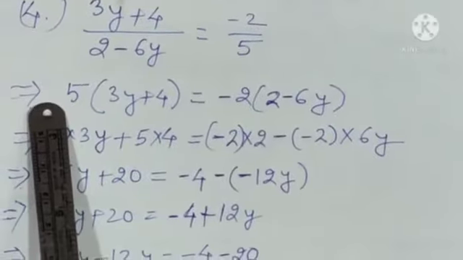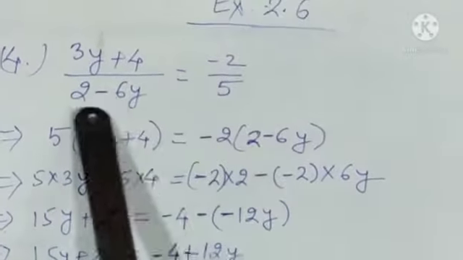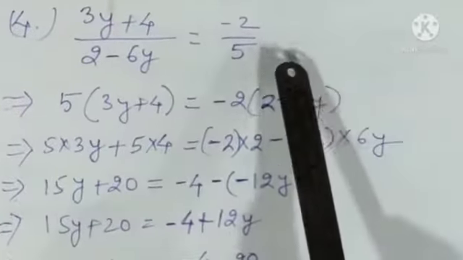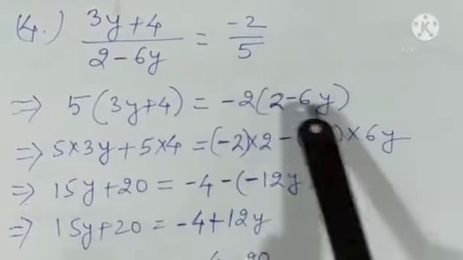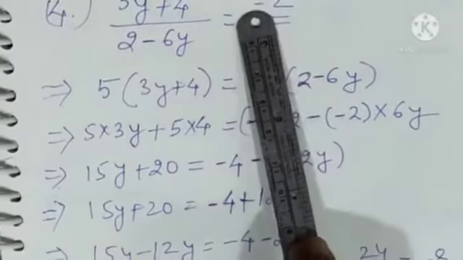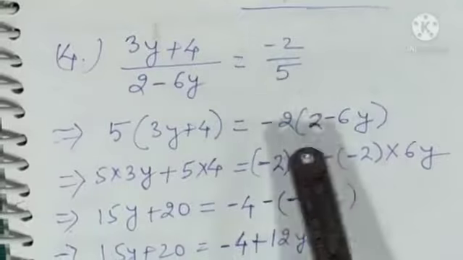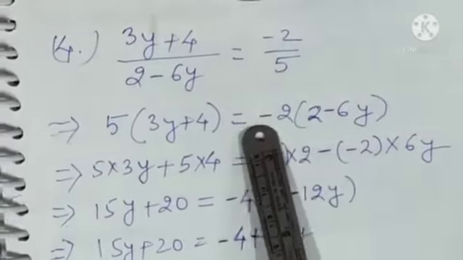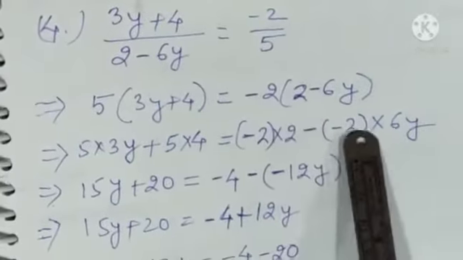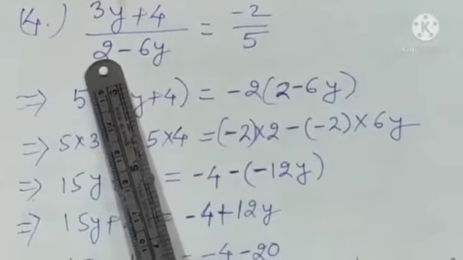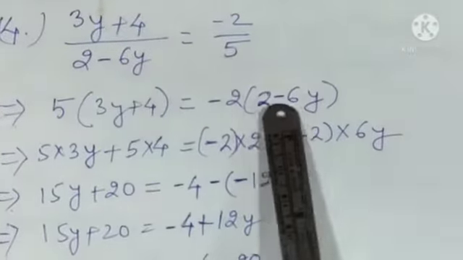You know how we are doing this; you can refer to the previous videos. Then here is −2, so we copy it simply as −2 and in a bracket we write 2 − 6y.